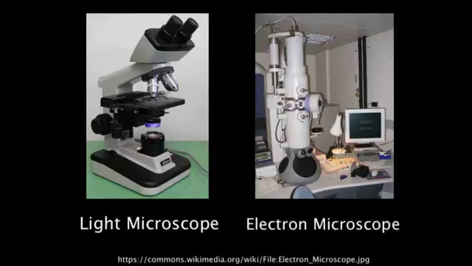In this picture you can see the eyepiece, objective lenses and mechanical stage. Through the eyepiece we see the object which is placed on the mechanical stage.